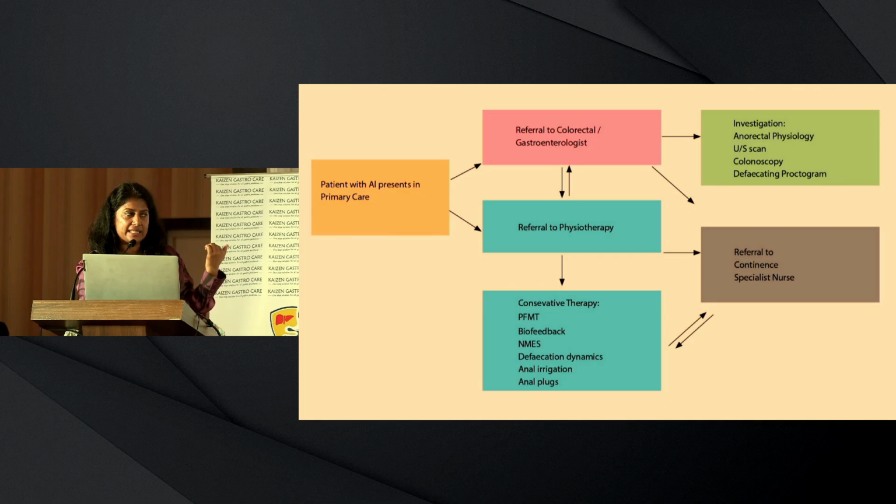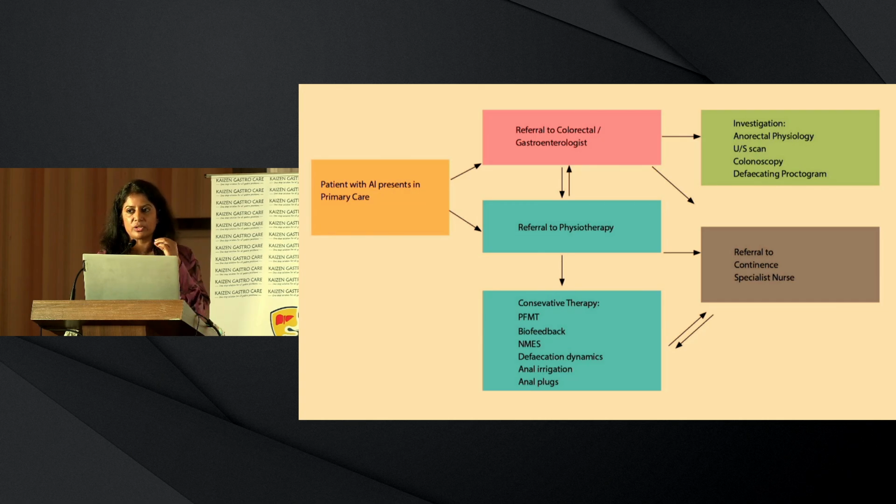So this is a chart I use for anal incontinence, but the same goes for dyssynergic defecation disorders also. When do you refer them to the therapist? So the primary physician or the gastroenterologist, whoever is seeing them, if with your history taking you realize it's more of a musculoskeletal disorder, please do give it a try, referring it to physiotherapy. And what do we do in physiotherapy? I shall cover it in detail. And there is always a cross-referral system.